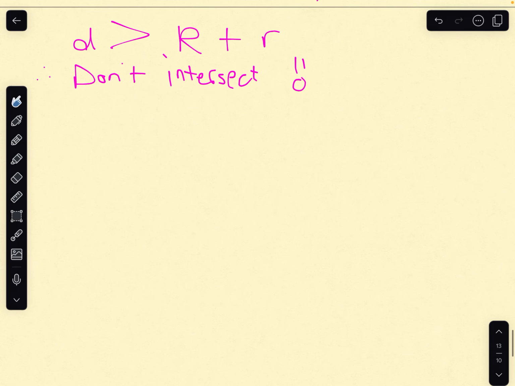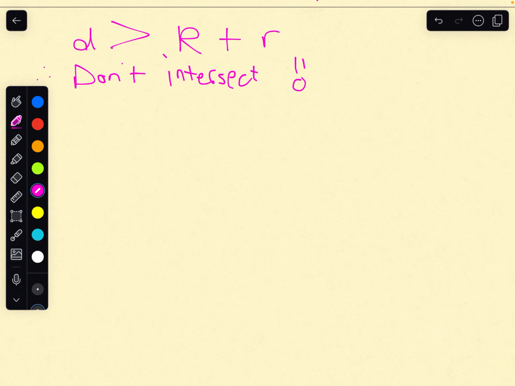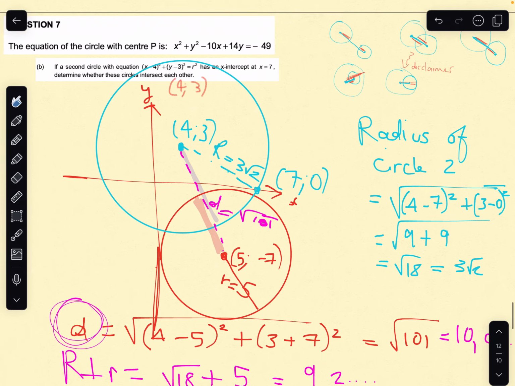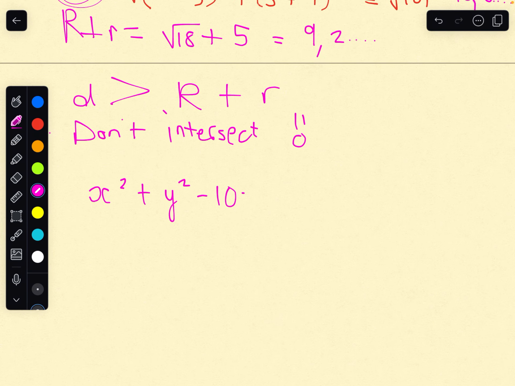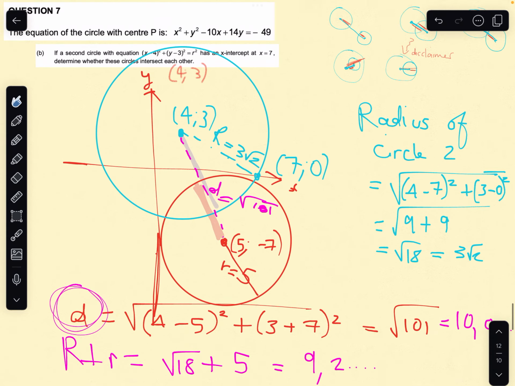So we are dealing with a circle. This is the first circle, x squared plus y squared minus 10x plus 14y is equal to negative 49.